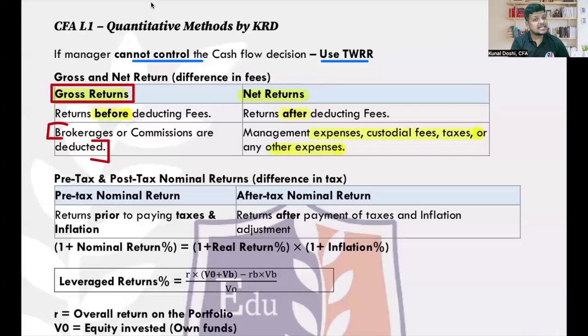Management expenses deducted from gross returns, no. From net returns, when I calculate net returns, is it deducted? Yes. Clear? You might be saying that, Kunal, why are you confusing? Well, I'm not confusing. I'm talking on the basis of questions that you will come across. Okay, don't worry. Clear the difference, everyone?